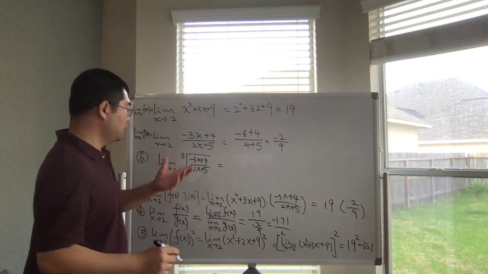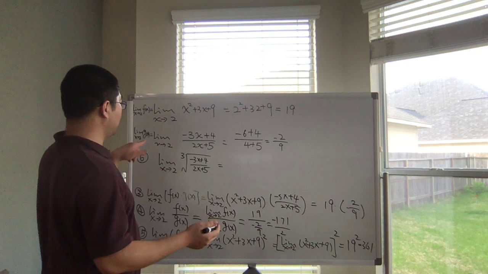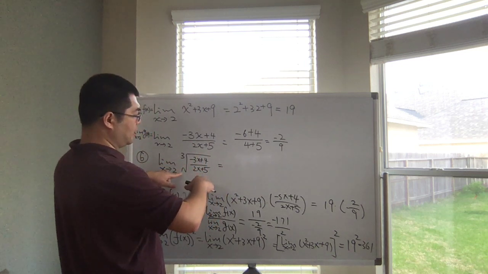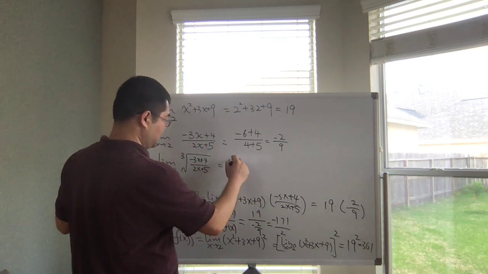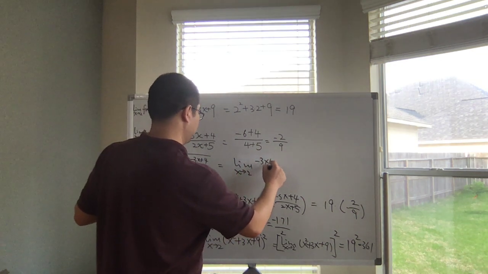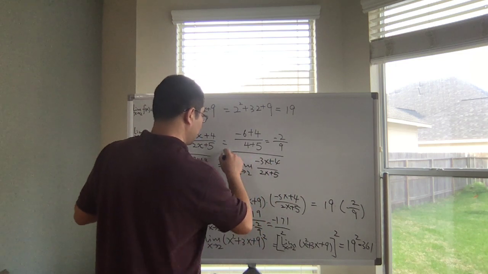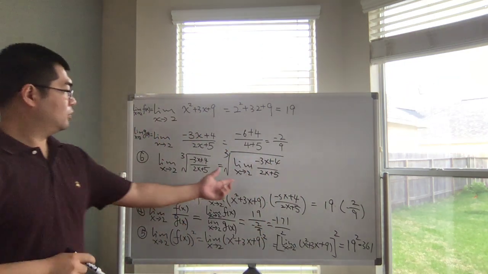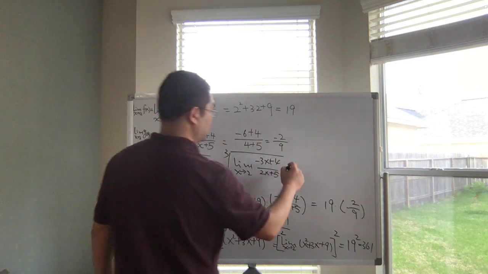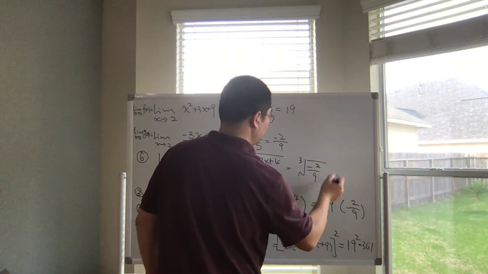Basically it's the limit as x approaches 2 of the cubic root of g(x). As you can see, the limit of a cubic root equals the cubic root of that limit, which we know is negative 2 over 9. So you're going to have the cubic root of negative 2 over 9.